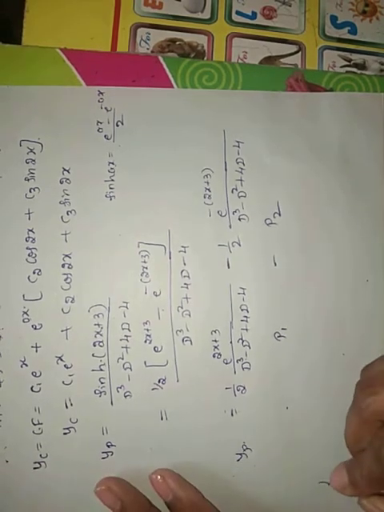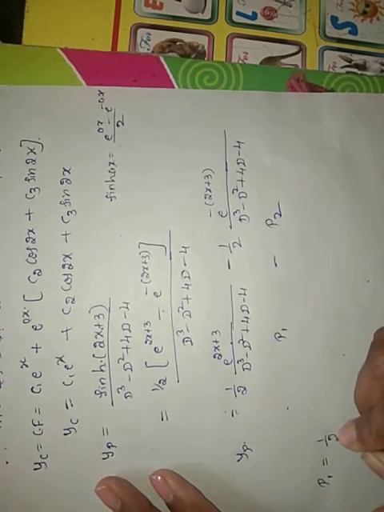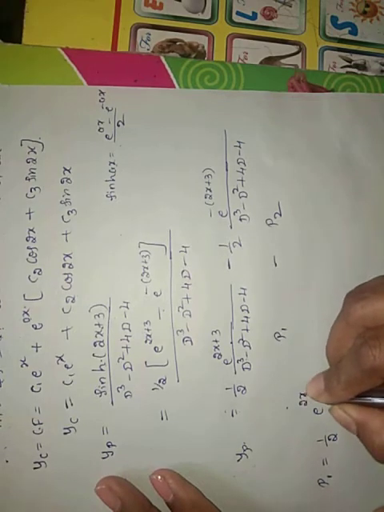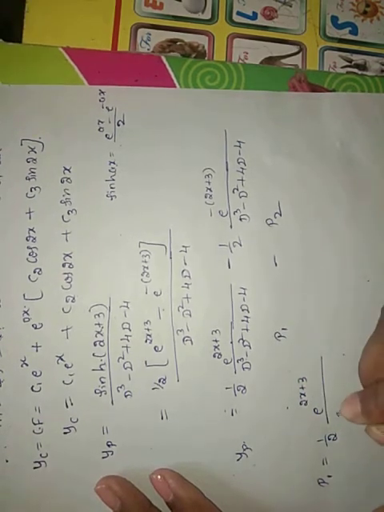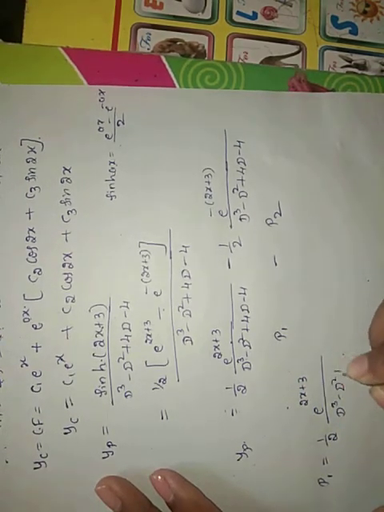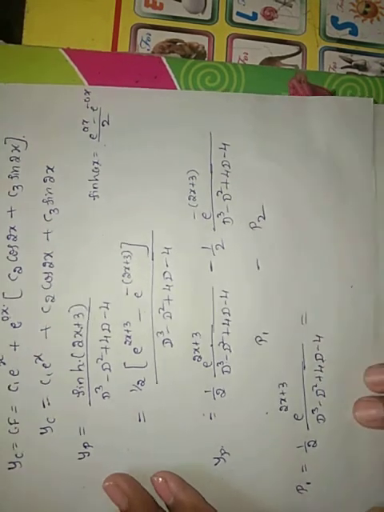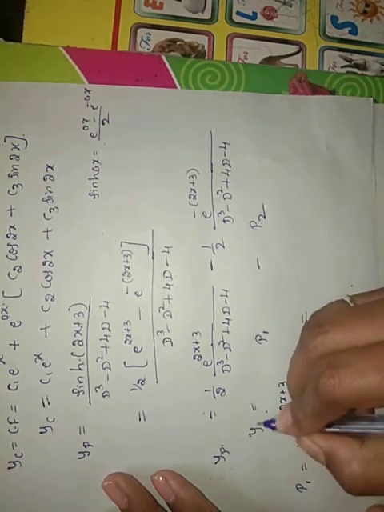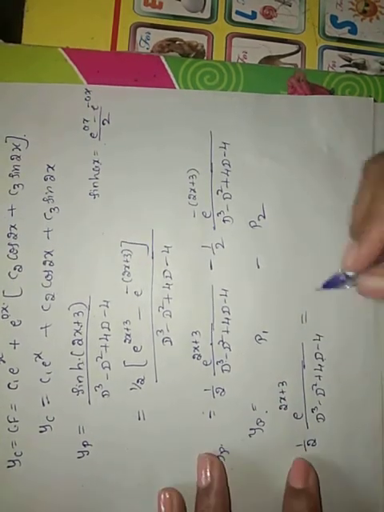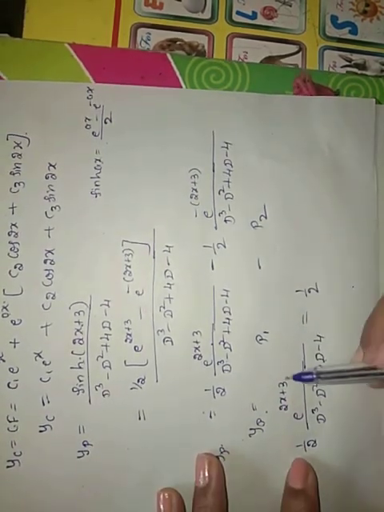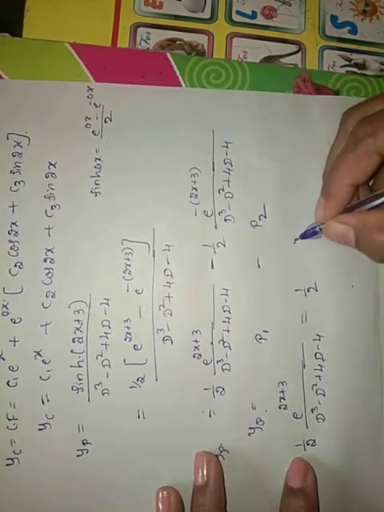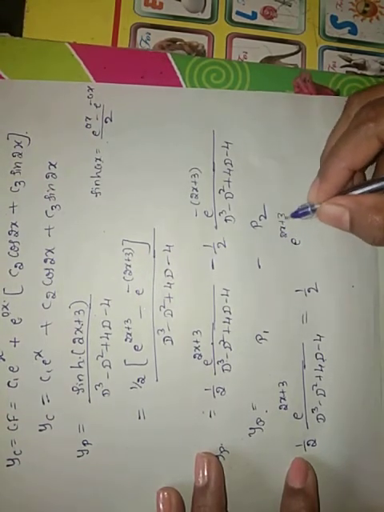So the first particular integral is 1 by 2 e raised to 2x plus 3 divided by D cube minus D square plus 4D minus 4. Keep the 1 by 2 as it is. The coefficient of x is 2, so replace D by 2.